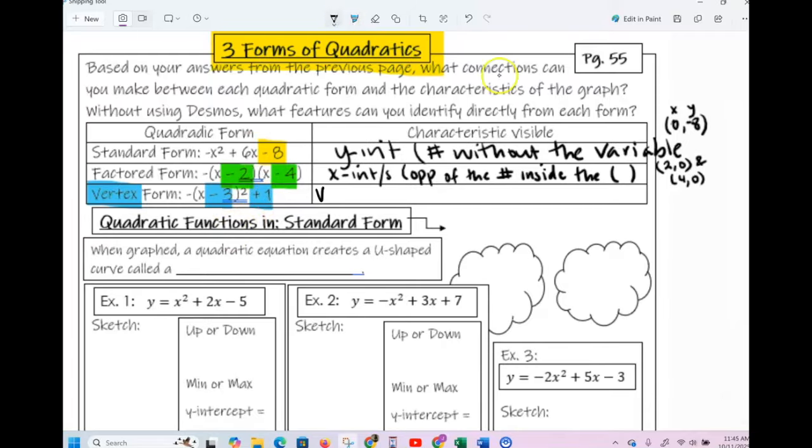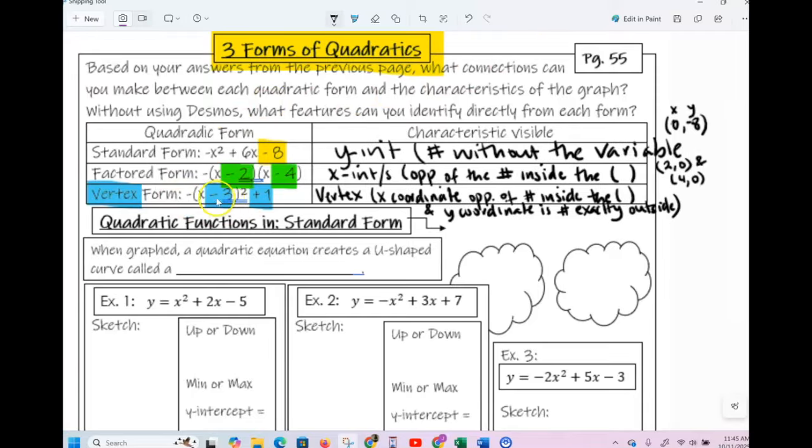You can get the vertex, and we're going to say x coordinate is the opposite of the number inside the parentheses, and y coordinate is the number exactly outside.